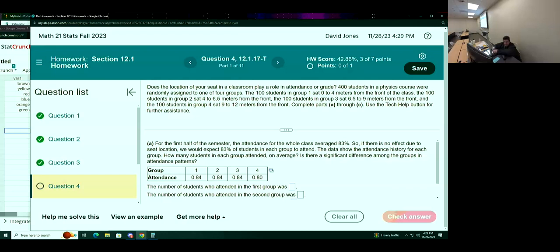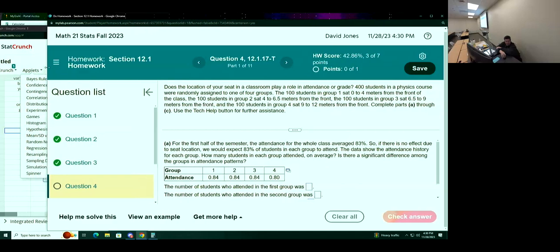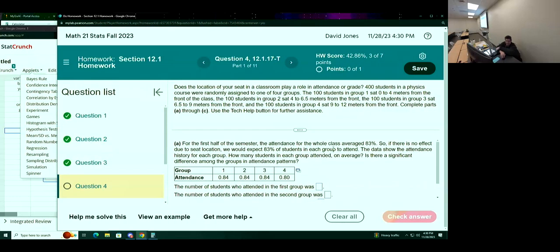So it says that for the first half of the semester, the attendance for the whole class averaged 83%. So if there is no effect due to seat location, we would expect 83% of students in each group to attend. The data shows the attendance history for each group.